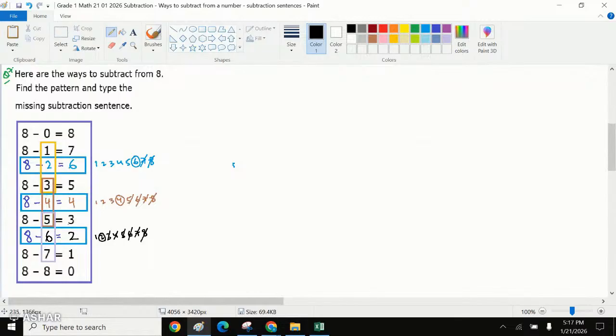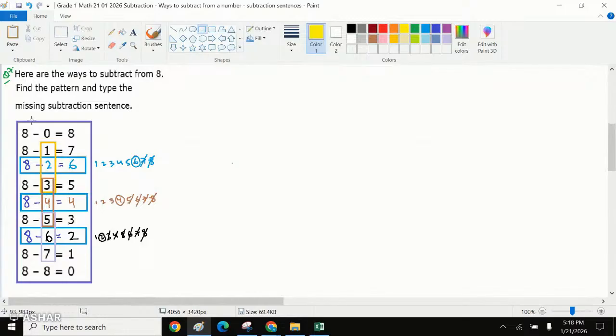We would be left with 2, right? So even if one statement is missing or many statements are missing, we can always look at the given grid and find the pattern, right? If we can find the pattern, it's easy for us, right?